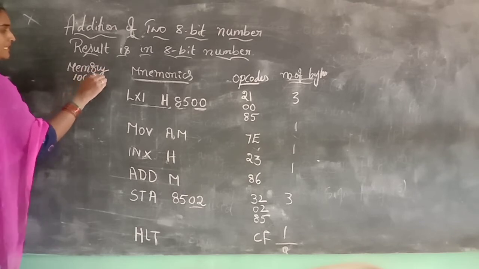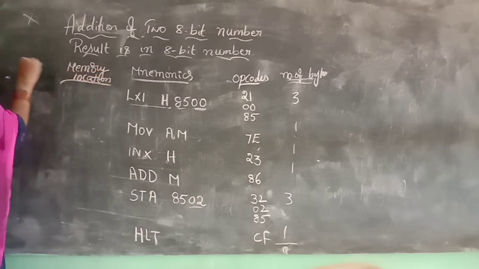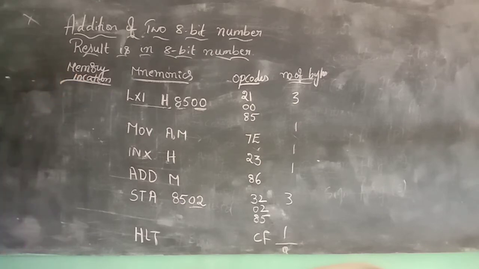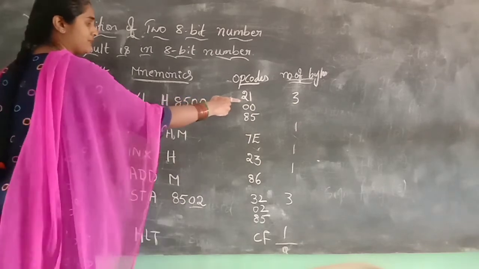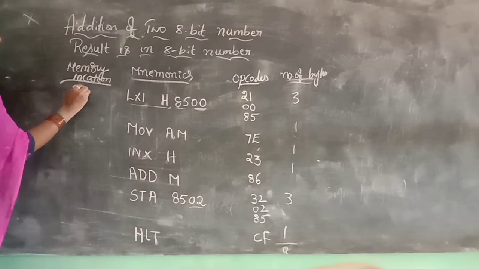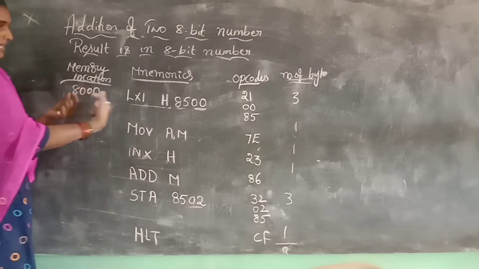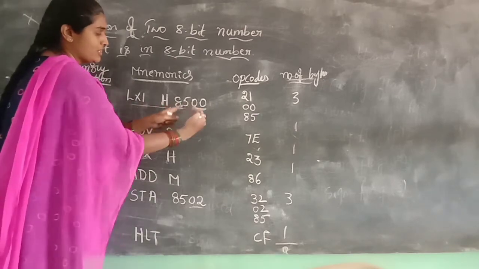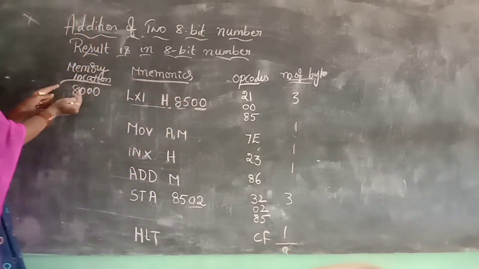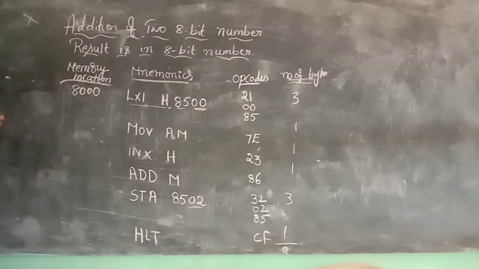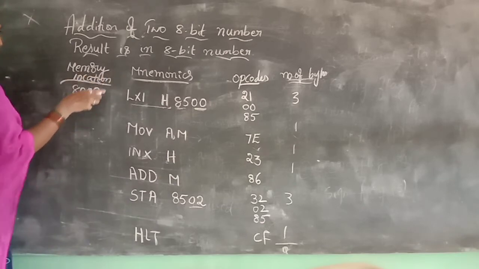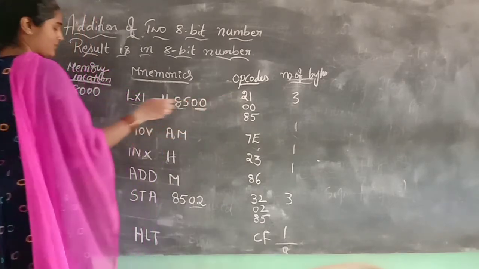For the practical you must write the memory locations. For 21, the starting memory location, I choose 8000. Observe that this data location is different from the memory location. And this instruction takes 3 bytes.